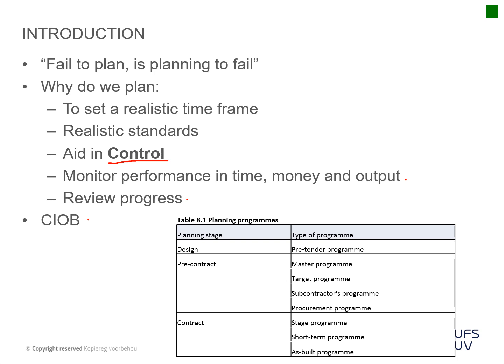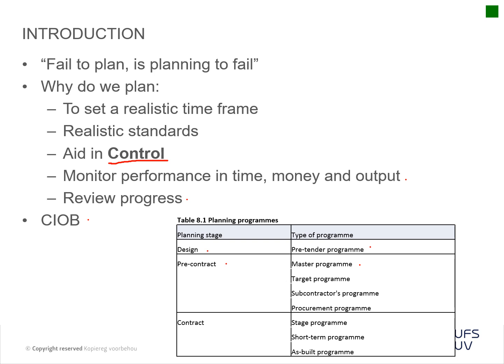I've spoken about the master program before, but the CIOB basically divides scheduling into design, or your pre-tender program. Then you have a pre-contract program, which is your master program. That's the one that you usually get from the contractor when you ask for tenders and so on.